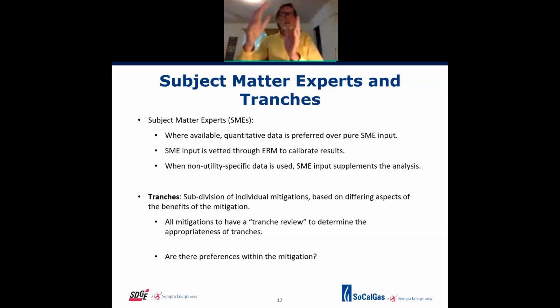But the other side of granularity is the tranches. And tranches, as Chuck is saying, has to do with how you break down the assets into groups. And those groups, and I want everyone to keep this in mind, it's row 14 of the settlement. Please put that in your notes and underscore it. Row 14 of the settlement is very, very clear on how tranches are to be established.